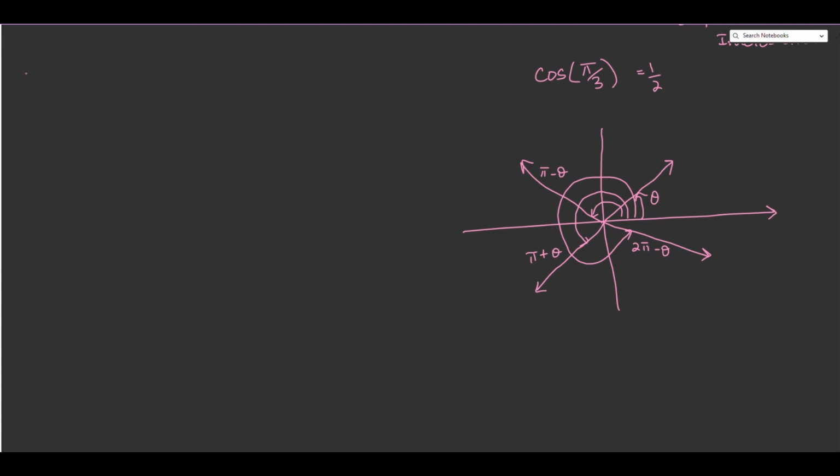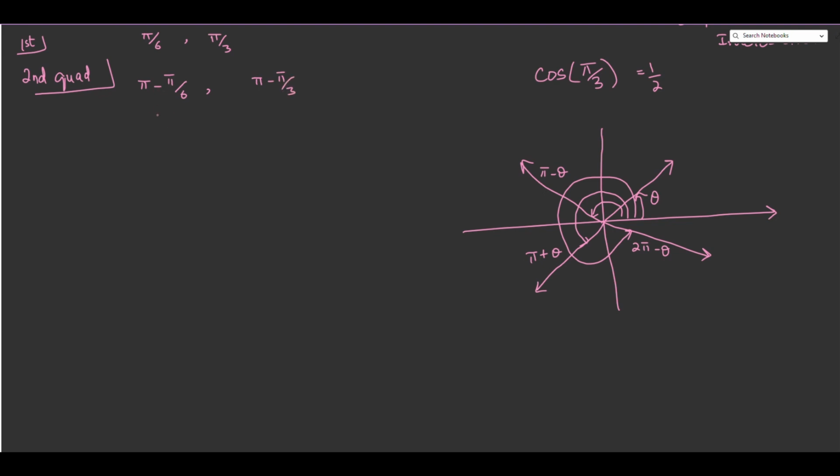So in the second quadrant, what will be our angles? Remember, in the first quadrant we have pi by 6 and pi by 3. So in the second quadrant it will be pi minus pi by 6 and pi minus pi by 3.